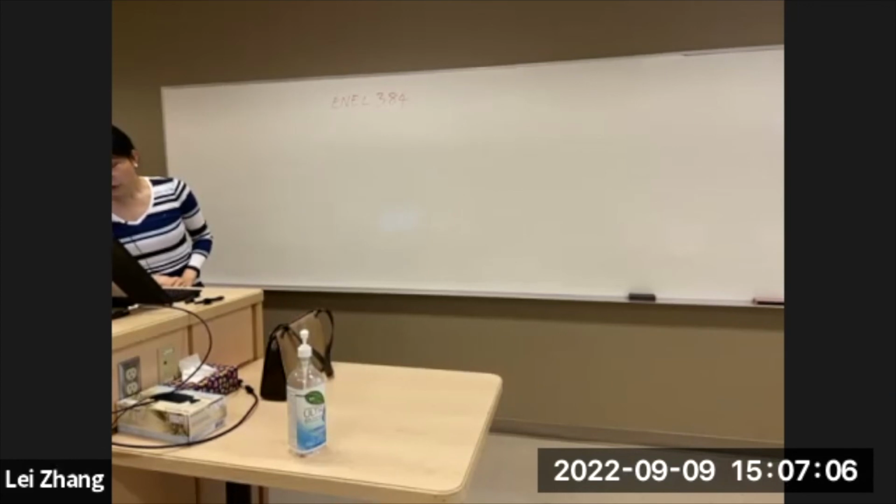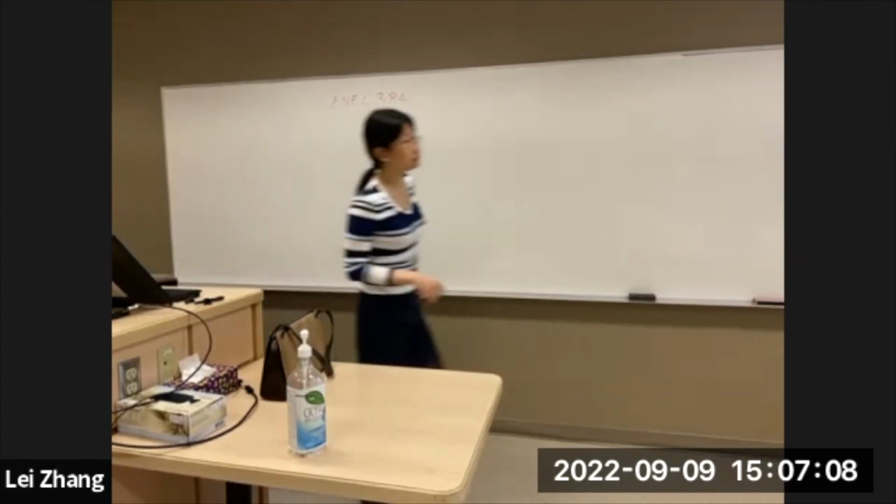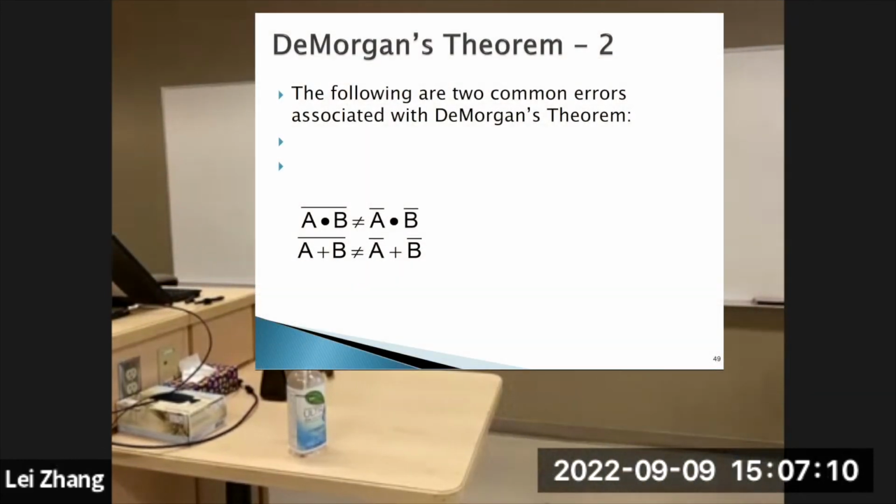So, two common errors. What we must not do is the following; the previous slide was the correct way of breaking the bar and changing the sign. These two are not the same. Why is this wrong? For the first line, the bar is broken, but the sign is not changed.